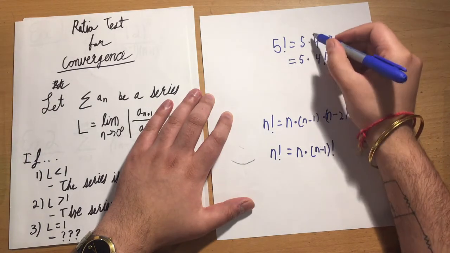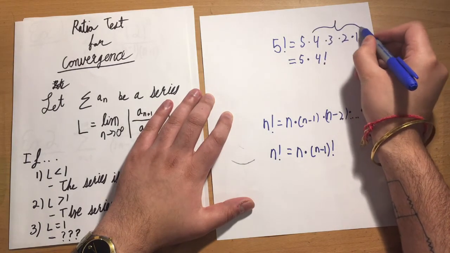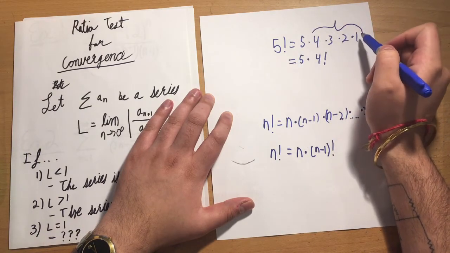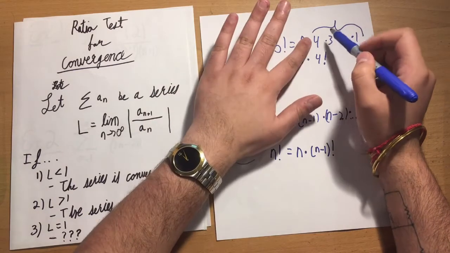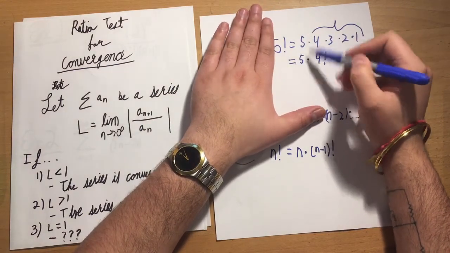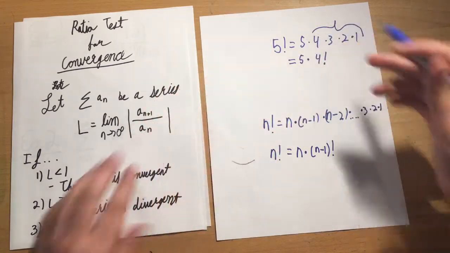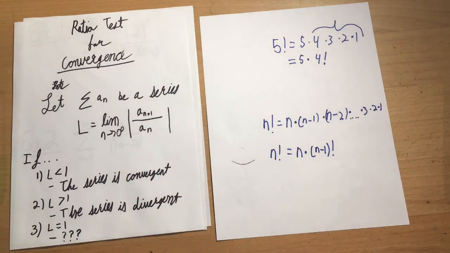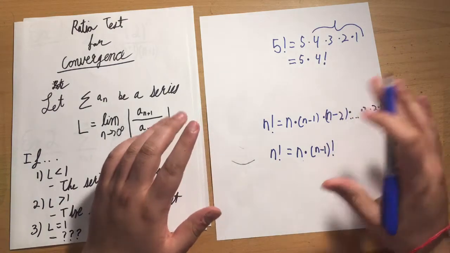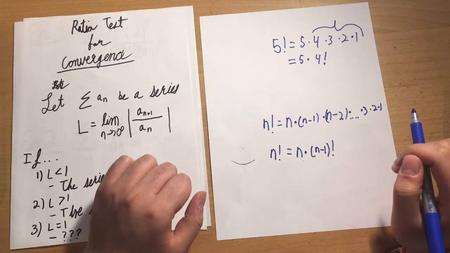The reason is that 5 factorial is 5 times 4 times 3 times 2 times 1, and we should already know 4 times 3 times 2 times 1 is 4 factorial. So you're able to separate that front number, and that will come up in a future example.